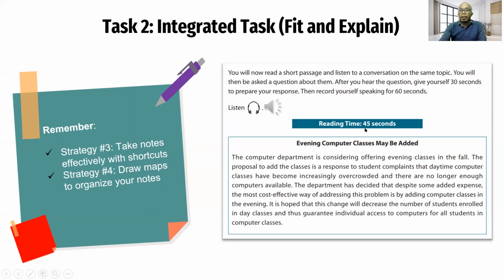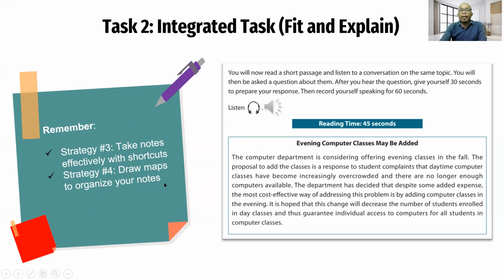So when the timer starts, make sure that you also start your reading. Also, don't forget to apply the strategies, especially for this part. The first strategy is to take notes with shortcuts. If there are important pieces of information from the passage, make sure you take notes and draw maps to organize your notes.